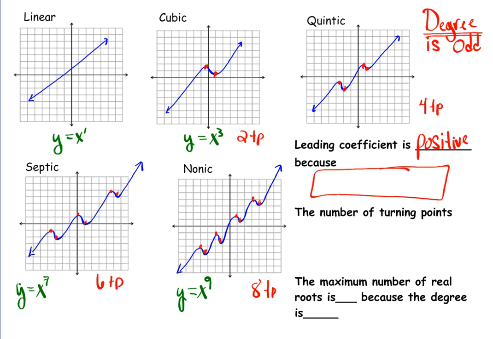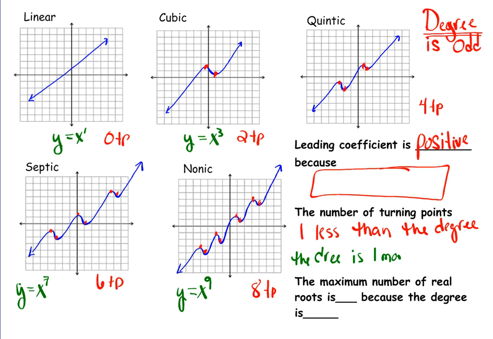So hopefully you're noticing that there's a pattern, because of course linear has 0 turning points. The number of turning points is 1 less than the degree. Or we could say the degree is 1 more than the turning points.